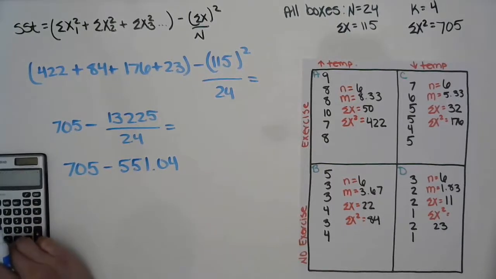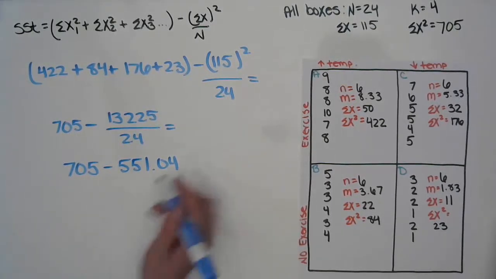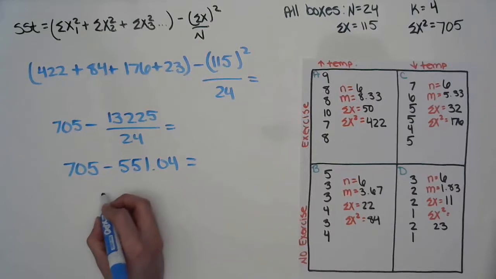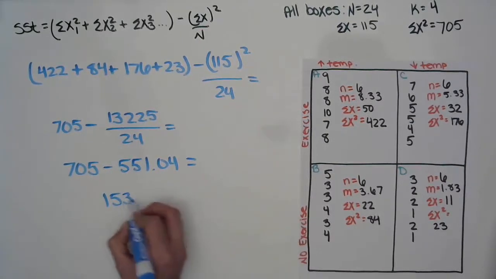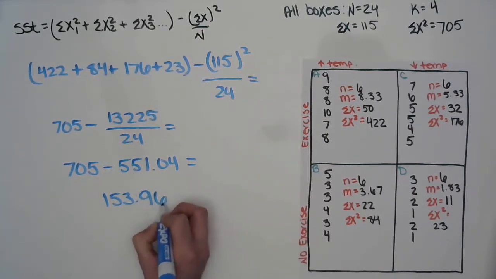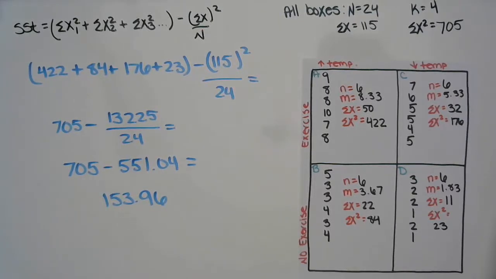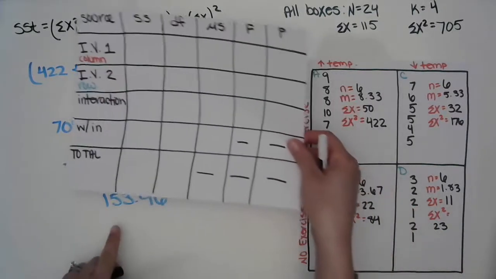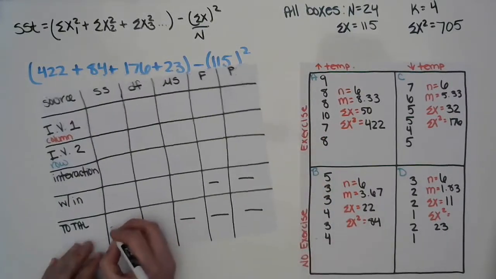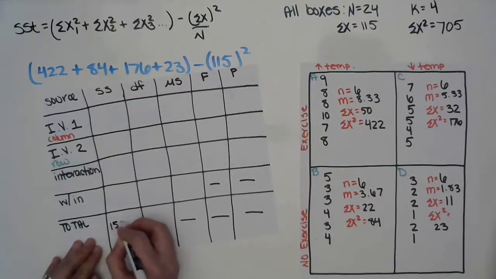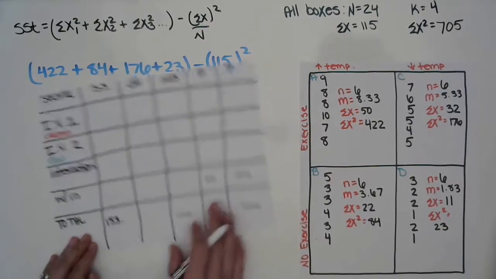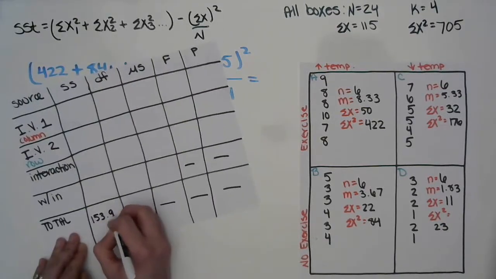Don't forget to round. Then we subtract those, and that gives us 153.96. So our SST value is 153.96, and that goes here. 153.96.